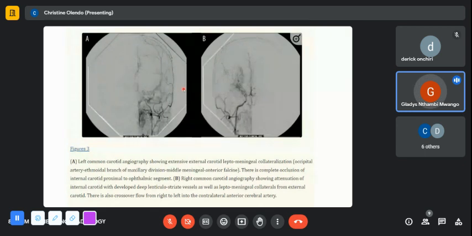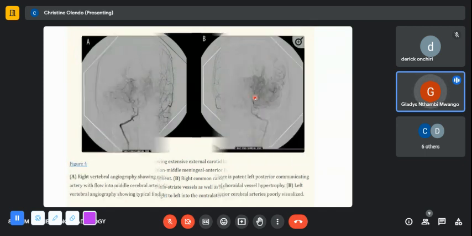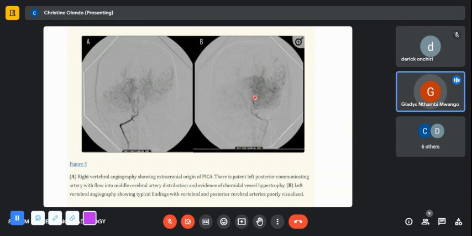If I remember in Grainger and Allison, when you're looking at the vascular supply and the vascular territories in stroke, there are anastomotic channels between the internal and the external carotid, but usually they're very ineffective.